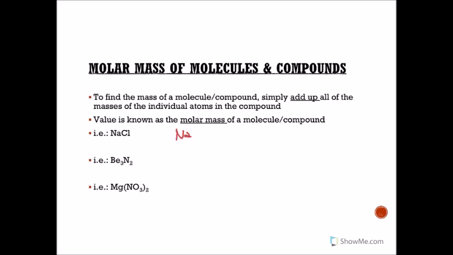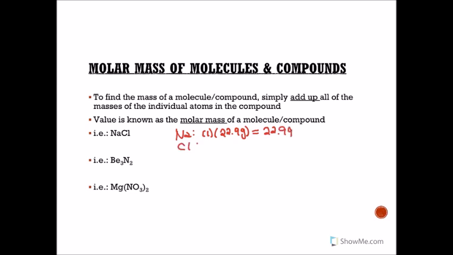So I go sodium, and I would say, okay, we have one sodium, and I would look up the mass on the periodic table. One sodium is 22.99 grams per mole. 1 times 22.99 is 22.99.